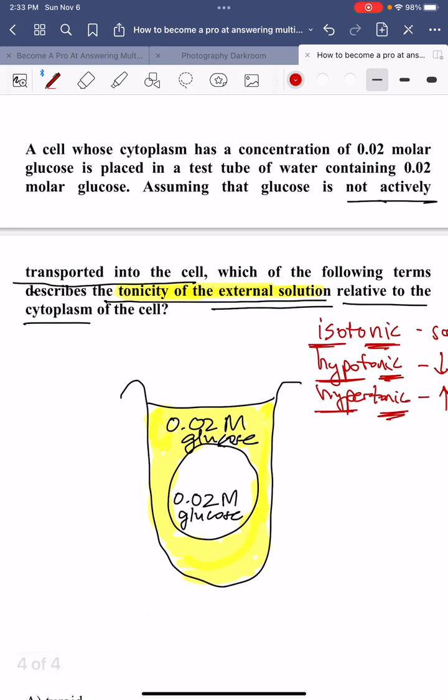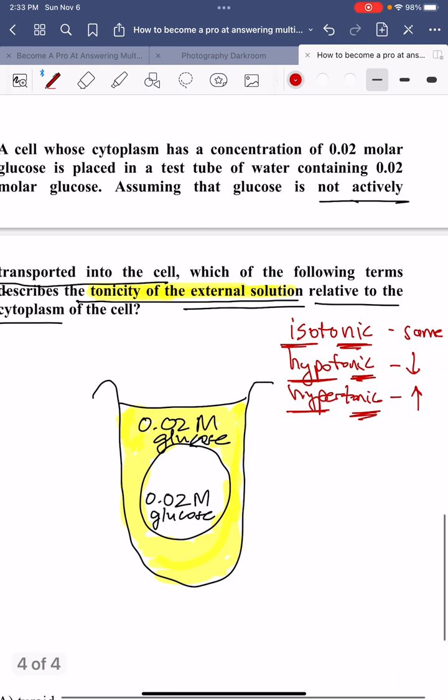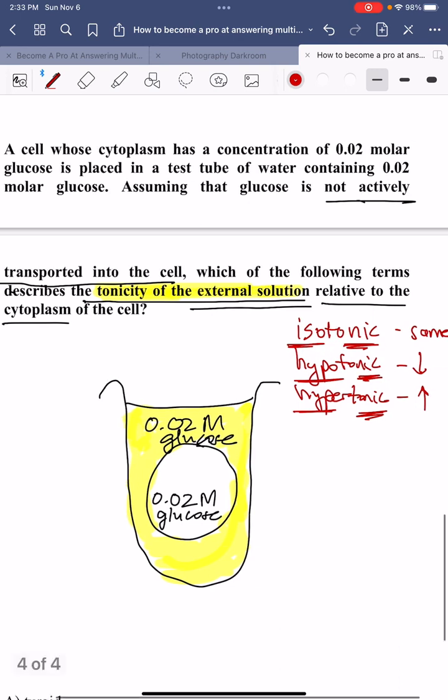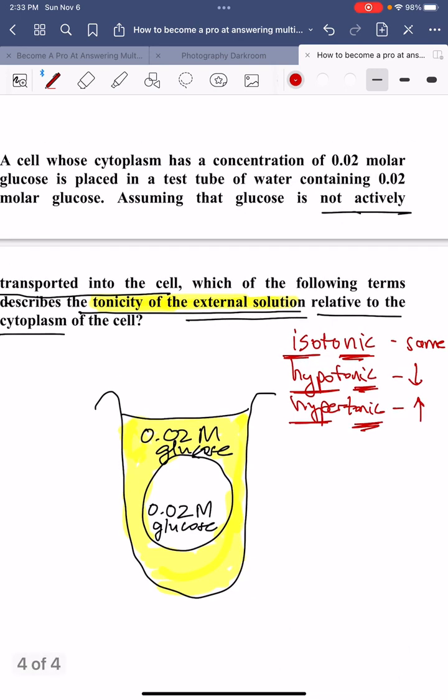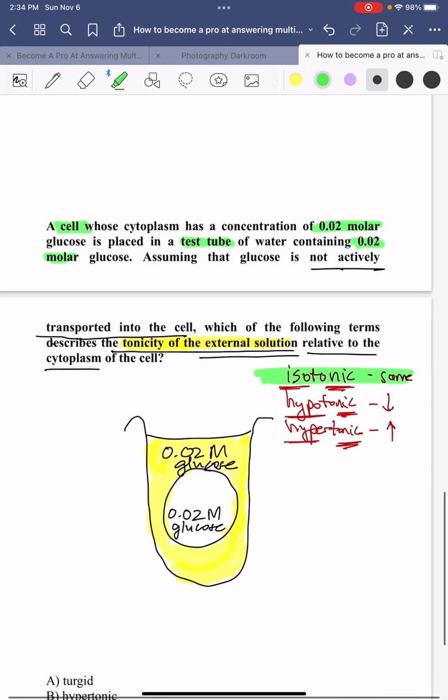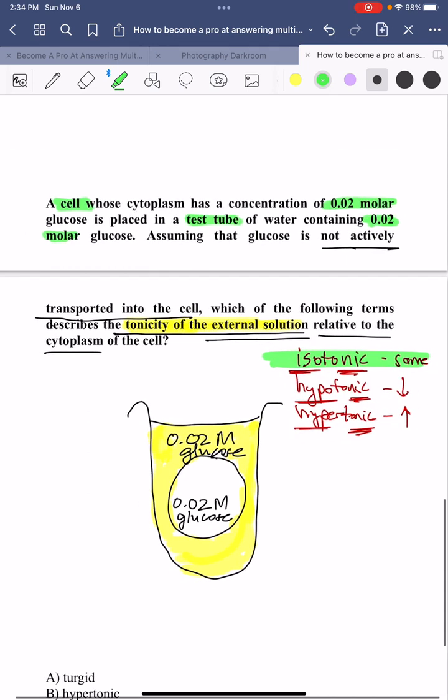Which solution here has the highest tonicity? Well, you should have seen right from the start that they're giving you exactly the same molar concentrations. There's a cell with 0.02, and then the test tube has also 0.02. So this is an isotonic scenario. Helpful here was that you drew the diagram right from the start and you were looking at what is the question that they're asking me.